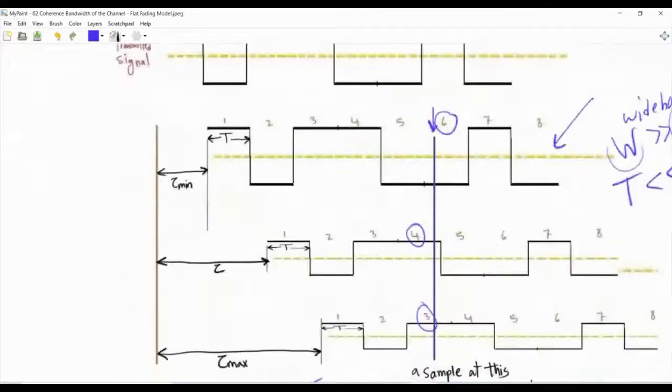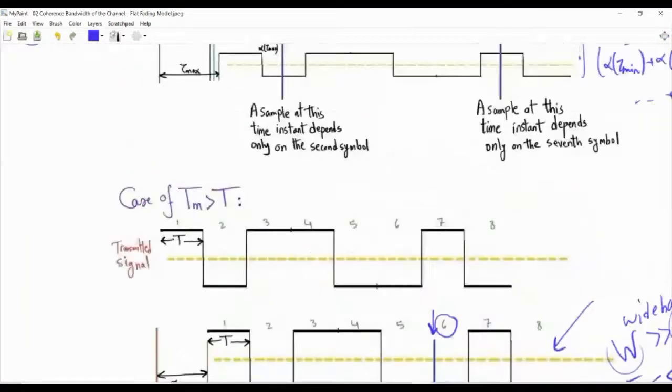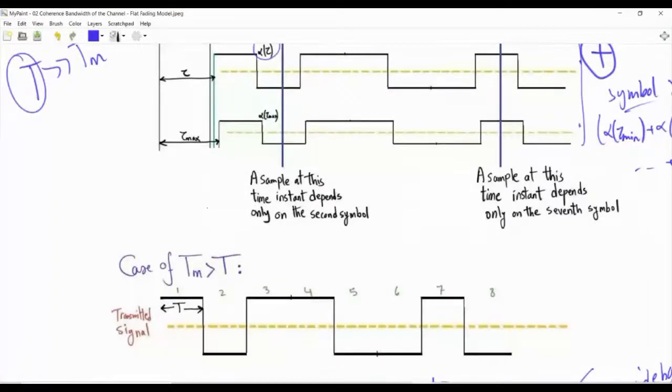These two figures are very important. I know the stuff here is ambiguous: delay spread, coherence bandwidth, and so on. But keep this picture in mind.